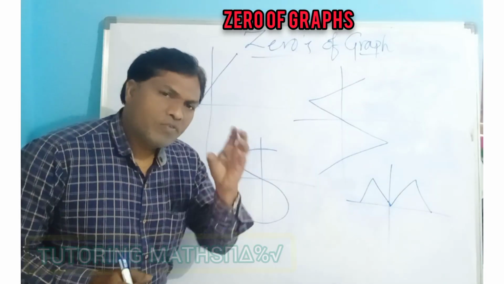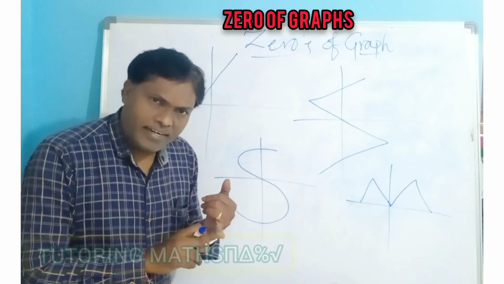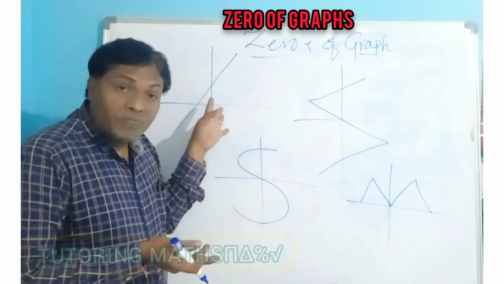I have drawn 5 graphs. Okay. Now, how do we check the zeros of the graph?